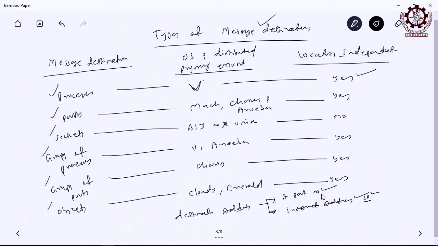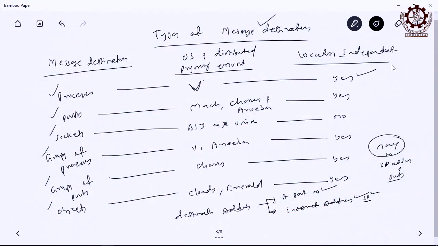If it is known indirectly by using a naming scheme, where we only mention the name, and it is the task of the distributed operating system to convert this name to the IP address and its port, then this name is location independent. Did you understand the difference? Whenever you send a message, that message must be destined to a particular location, and if the location is known directly, it is not location independent.